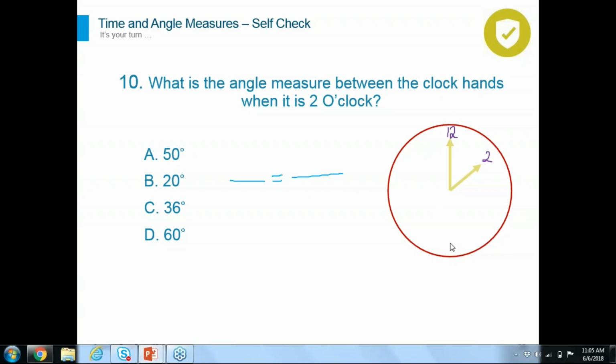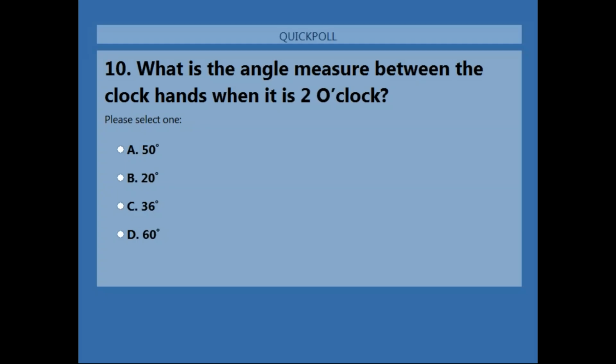Here's a question: how many hours are in one full round in terms of time? And how many degrees is a full round around the circle?